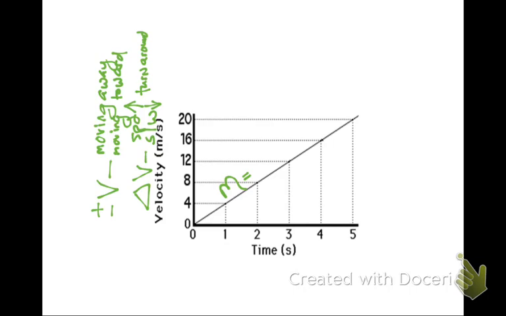Acceleration. Okay? So when you change it over time, that's basically your slope. So that's what we find here. If I divide the change in velocity by time, that's how I get acceleration.